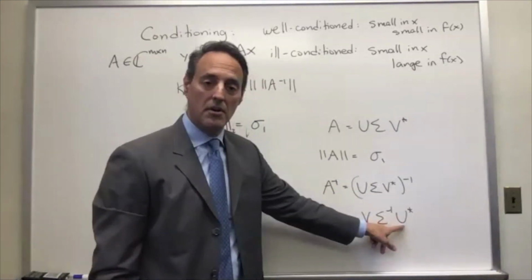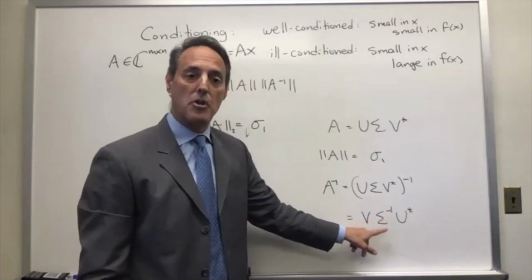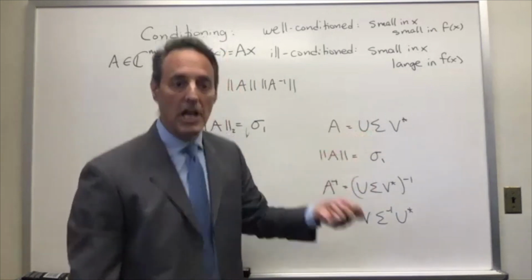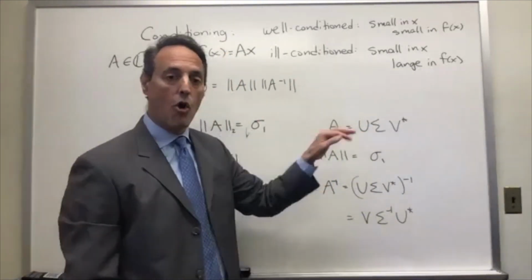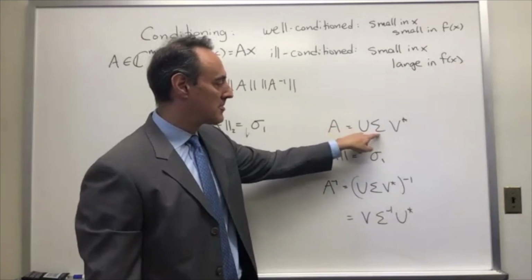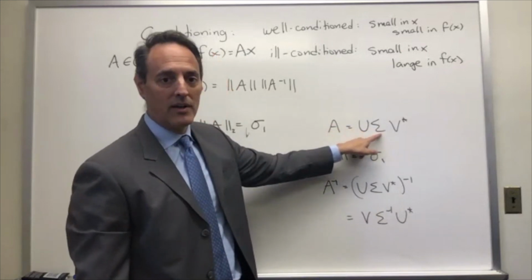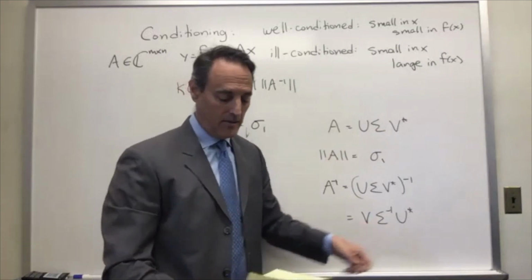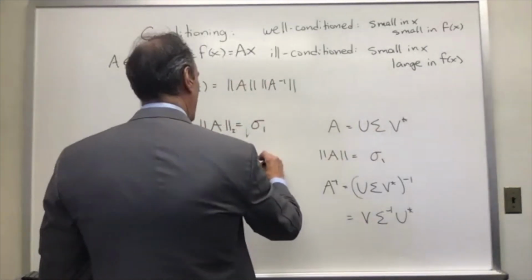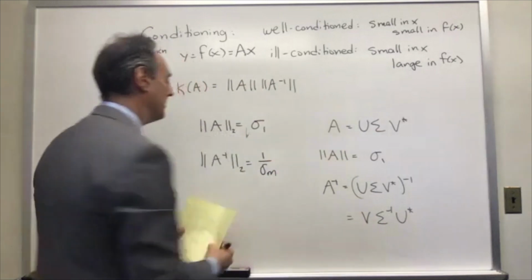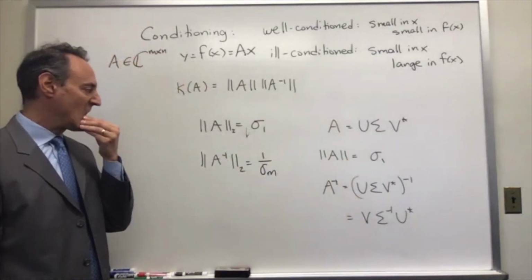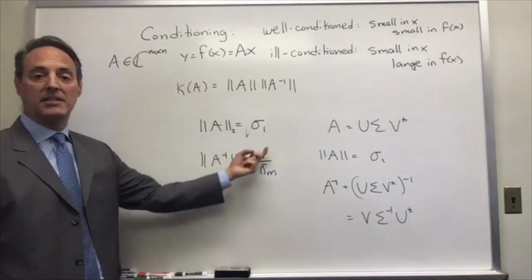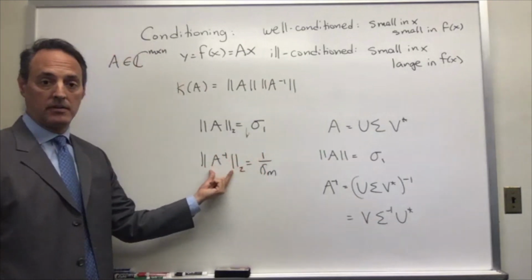What's the norm of that unitary matrix? 1. And then on the diagonal, the biggest entry now is, since you took the singular values and inverted them, 1 over the smallest singular value. So the norm is equal to 1 over sigma m. As I go to the smallest singular value and divide by it, that is my biggest singular value for the inverse.